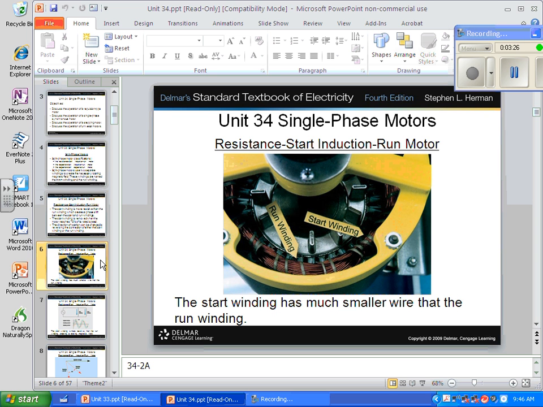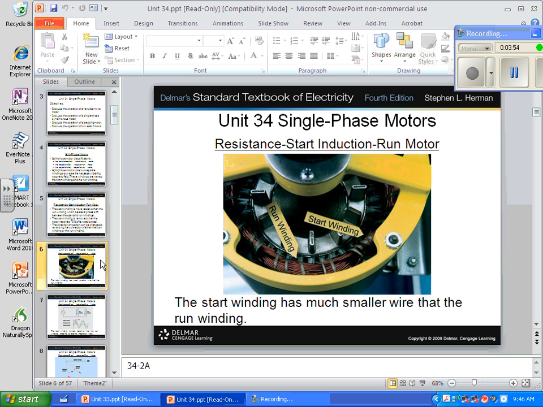Now, this is going to come up again, so you need to remember this. Take a look at the start winding and the run winding, their location and their size, so you can identify them. Remember that? Resistive start, induction run motor: the start winding has much smaller wire.